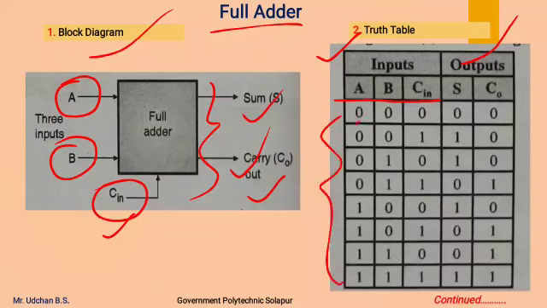Now 0 plus 0 plus 0 gives sum and carry 0, 0. Now 0, 0, 1: 0 plus 0 plus 1 is sum 1, carry 0. 0, 1, 0: 0 plus 1 plus 0 is sum 1, carry 0.